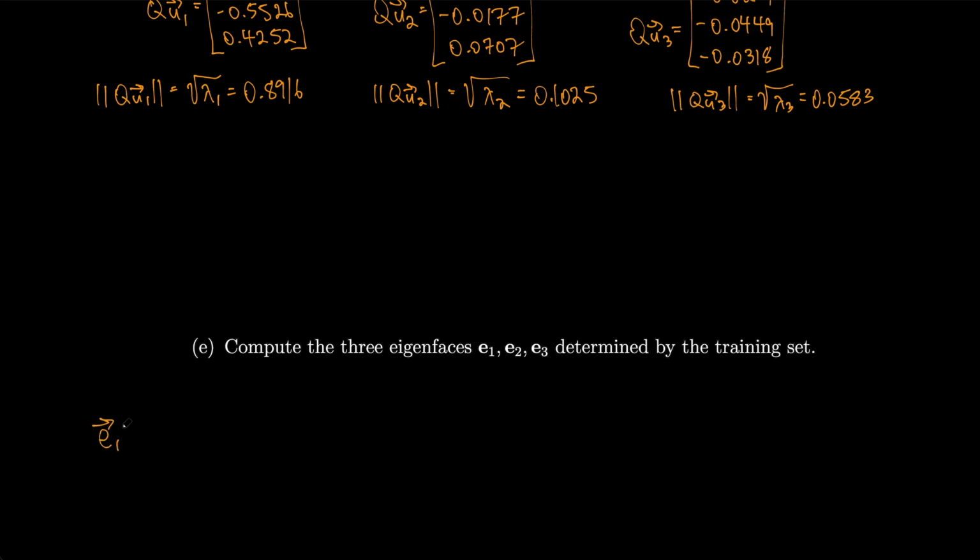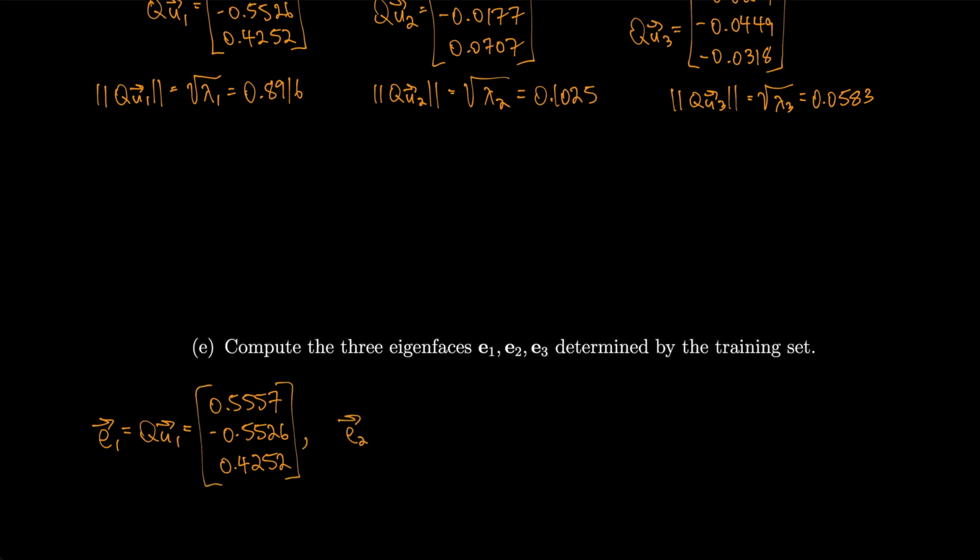So E1 is QU1. I'll just copy it. So that's 0.5557, negative 0.5526, 0.4252.